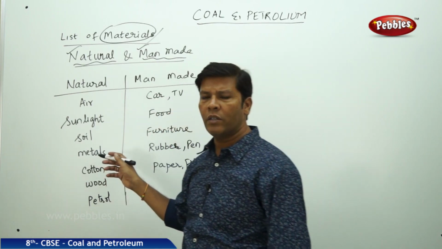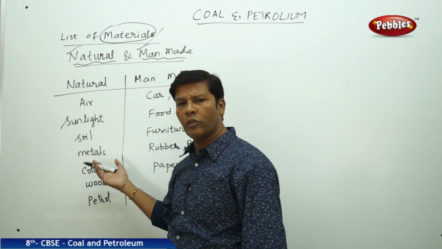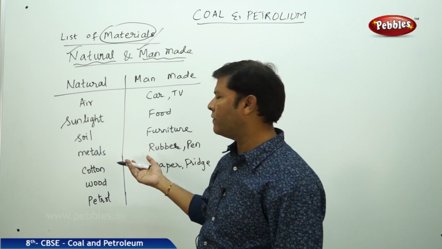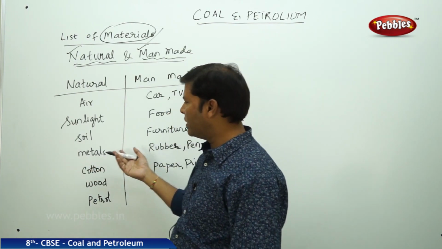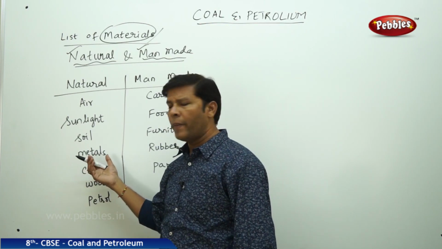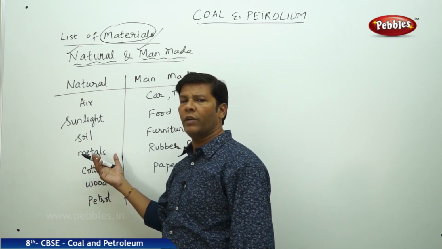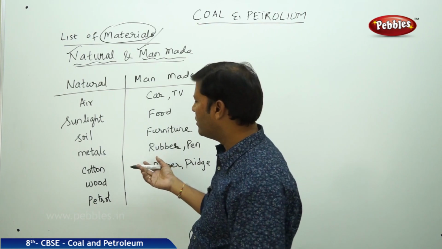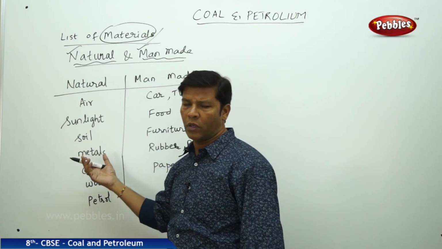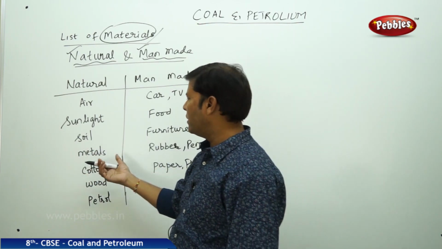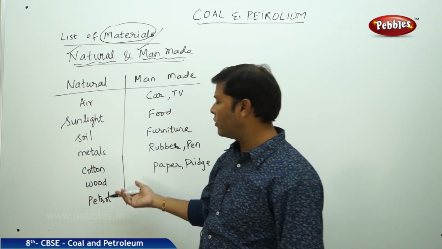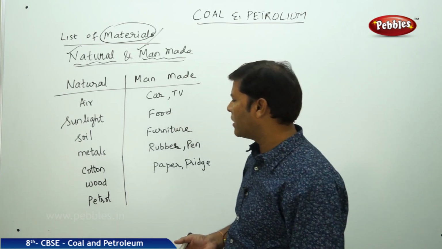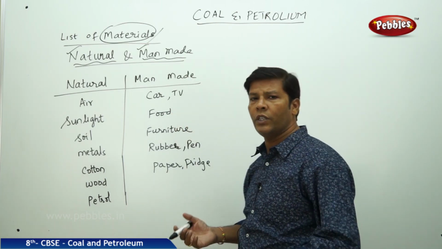Then if you go for metals, yes, the isolation and extraction of metals is done because of the vast availability in different places, but only the discovery and isolation or detection of these metals in the minerals is an important point, where geologists are most successful in the world over in extraction of metals from their mineral ores. If you go for cotton, wood, petrol, all these are natural sources of energy.